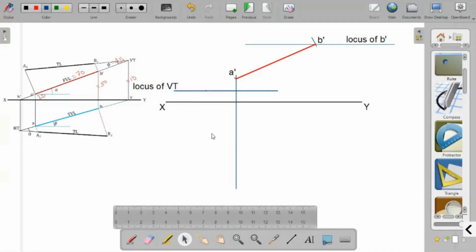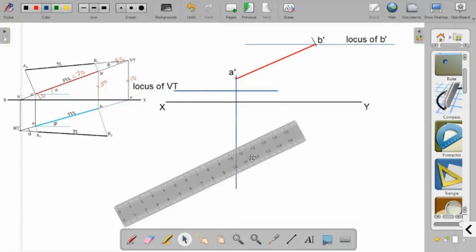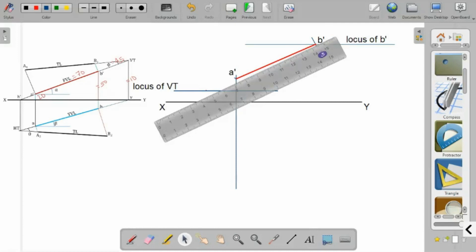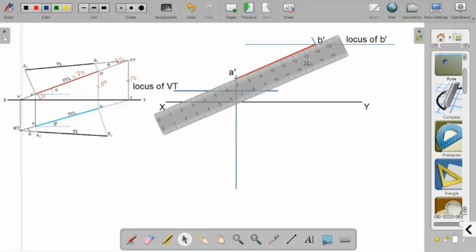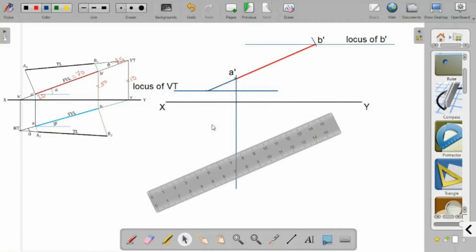Locus of VT. Now we have to extend this A dash B dash. Extend the line A dash B dash so that it intersects with the locus of VT at the point VT. This is the point VT.